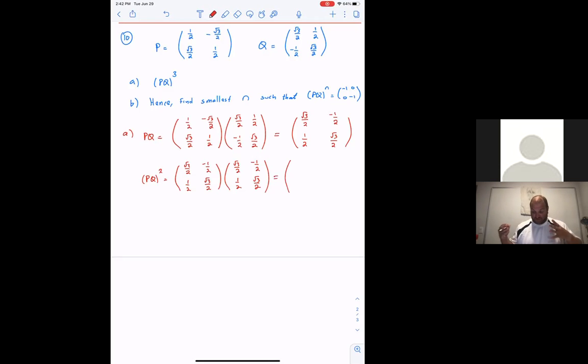This is, of course, not the easiest way of doing this now that we have this trick, but if you don't see the trick, we should do it this way. 3/4 minus 1/4 is 2/4 or 1/2. Negative root 3 over 4 minus root 3 over 4 is negative root 3 over 2.